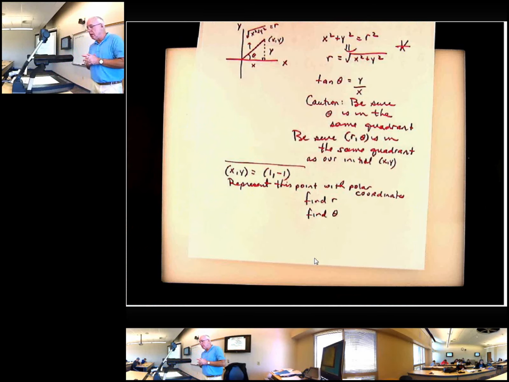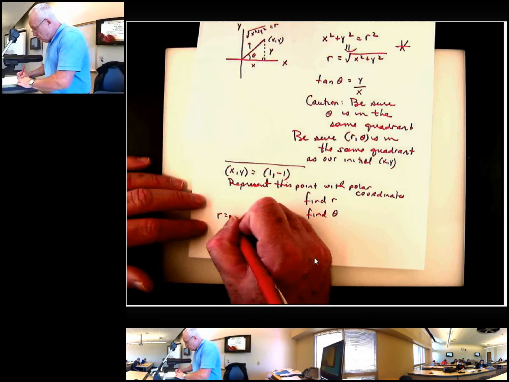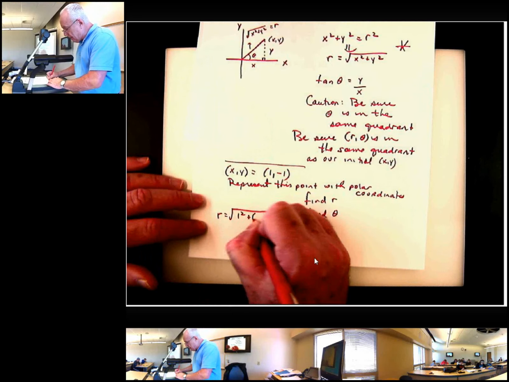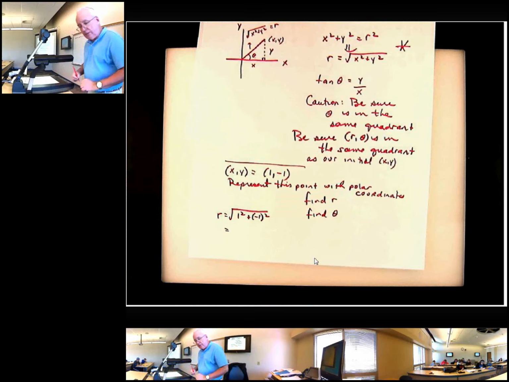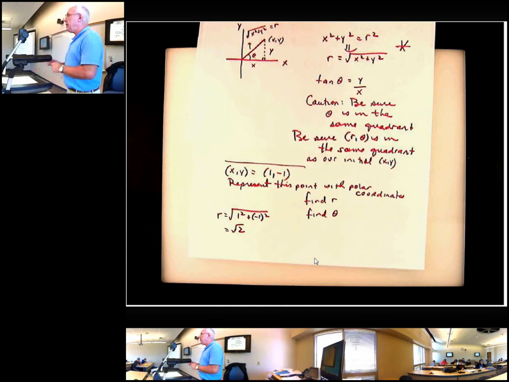Okay. Actually, the r isn't too bad, because r is just the square root of x squared plus y squared, right? So r is equal to the square root of 1 squared plus minus 1 squared, and that's just going to come up to be the square root of 2. That's not bad. Theta is something that can be a little bit tricky.